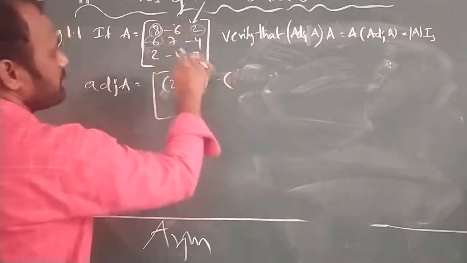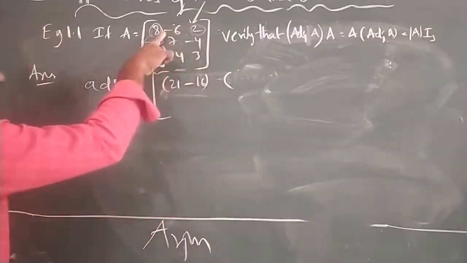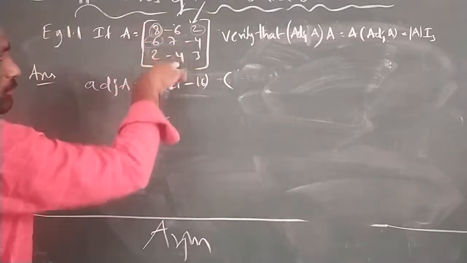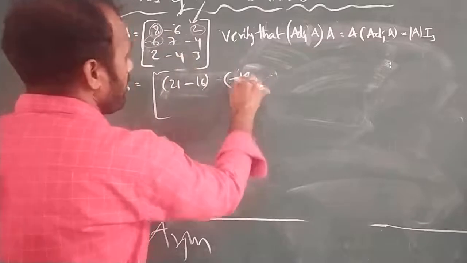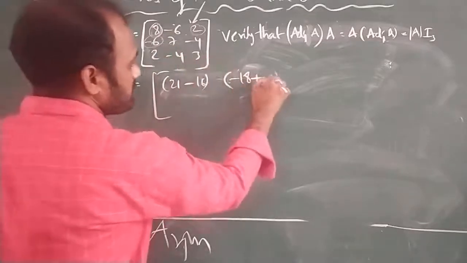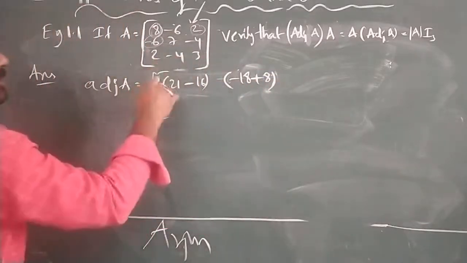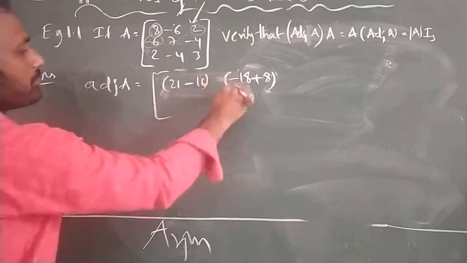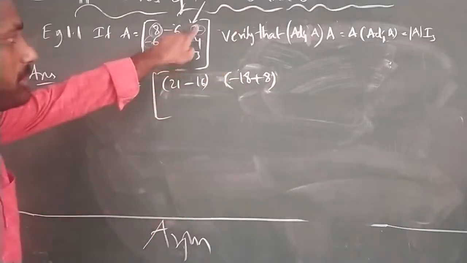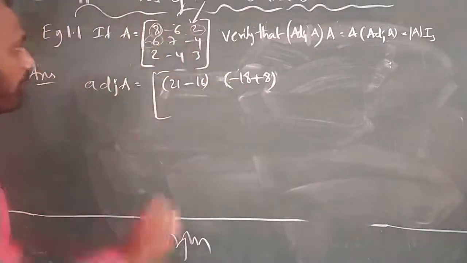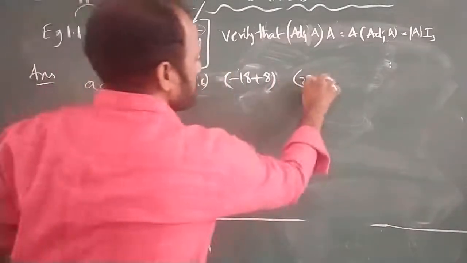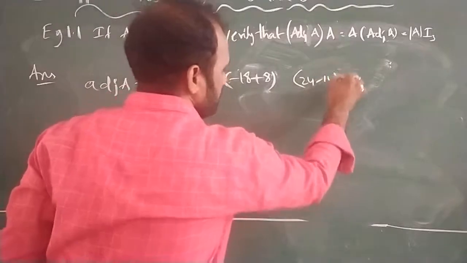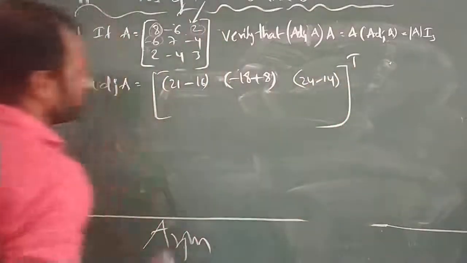Next, here actually the minus symbol is there, but I have to delete this row and this column. 6 times 3 is 18, so minus 18 plus 4 times 8. Next, in order to get these two values, the cofactors, 6 times 4 is 24 and 7 times 2 is 14, 24 minus 14, all of the transpose.